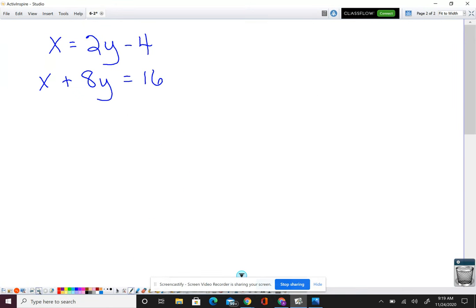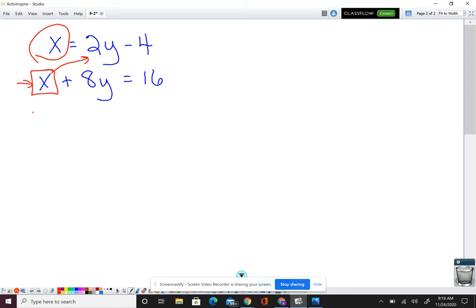Okay, so let's look at this one. The top equation is solved for x. And then our second equation says x plus 8y equals 16. So we have it solved for x. Instead of this x in the second equation, we're going to replace it with this stuff.